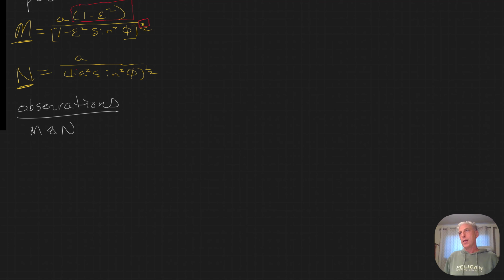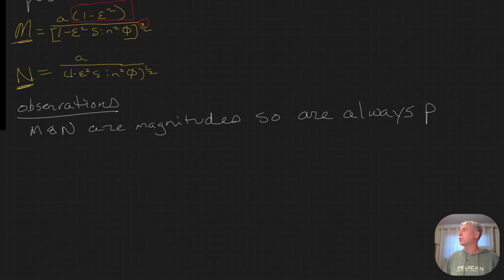M and N are magnitudes, that is, lengths. So they are always positive, or represented as positive. Remember, magnitudes don't have a direction.